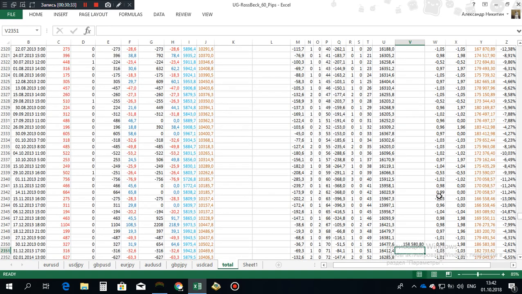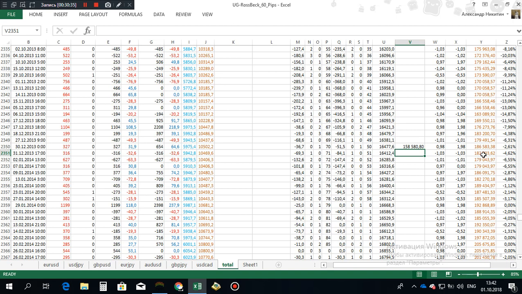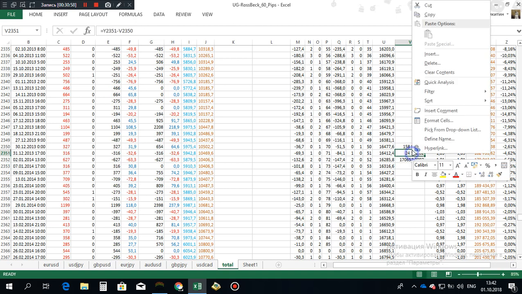Okay, our net profit equals this minus old account, and our new account equals to this plus 0.5 multiplied this.